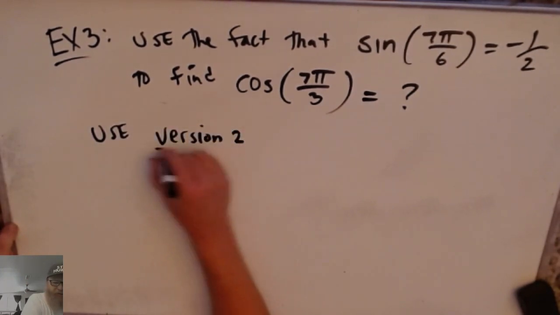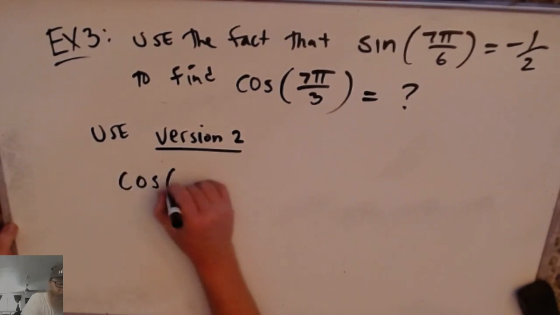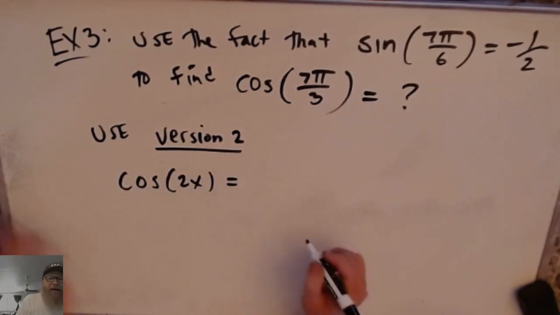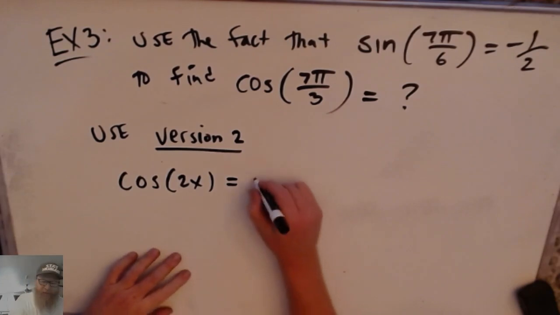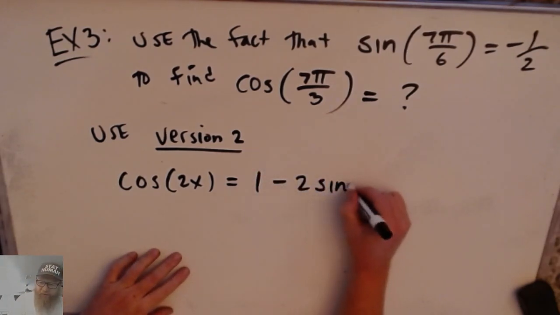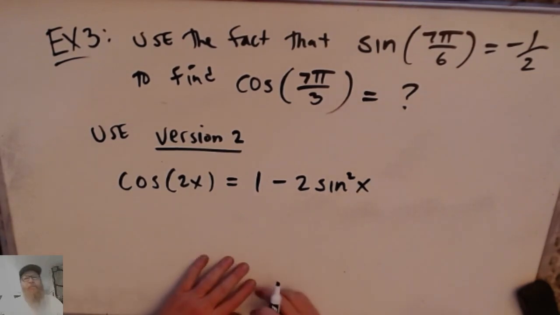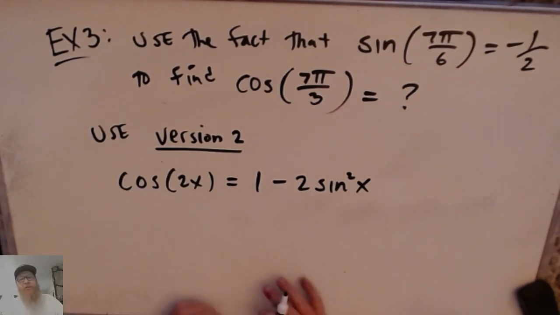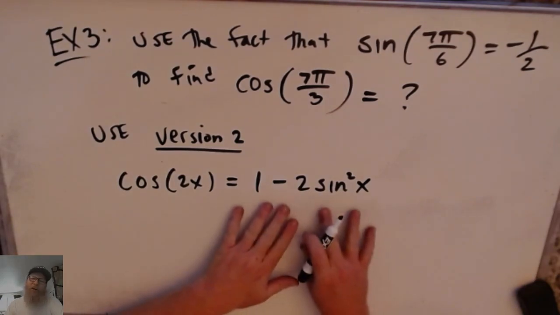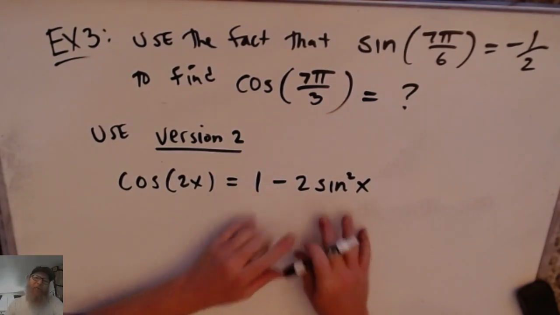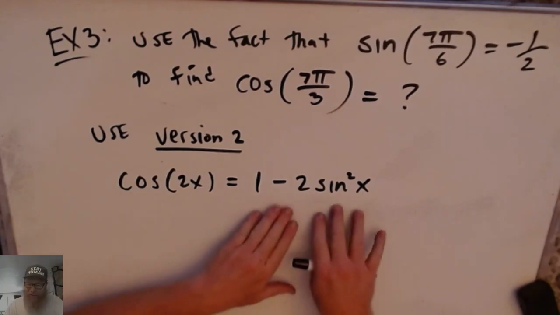So use version 2. Cosine 2x is 1 minus 2 sine squared x. That was version 2, right? I want to look back and make sure that I got the right version 2. It is the right one. But if you're not sure, then start with version 1 and then rearrange it until you get to this version.